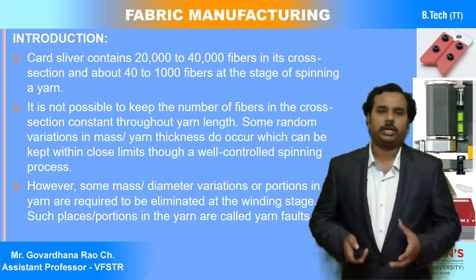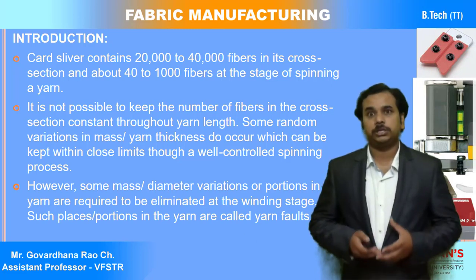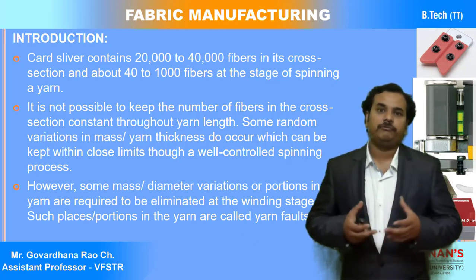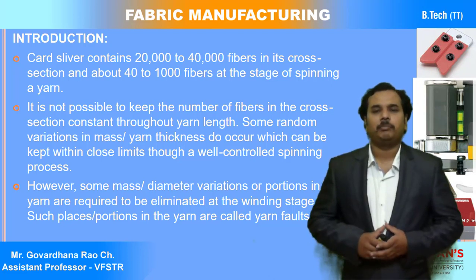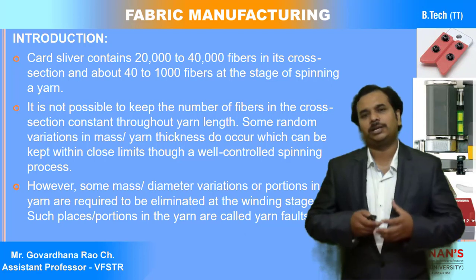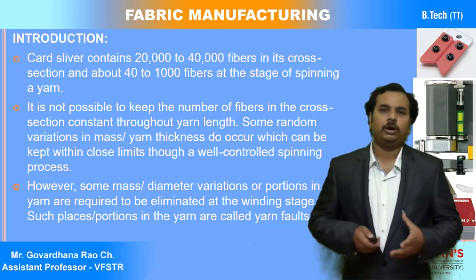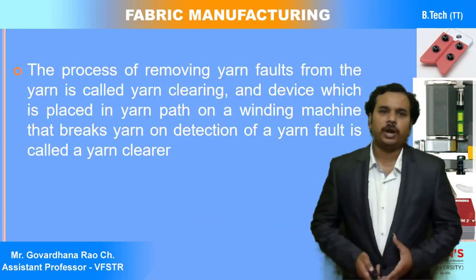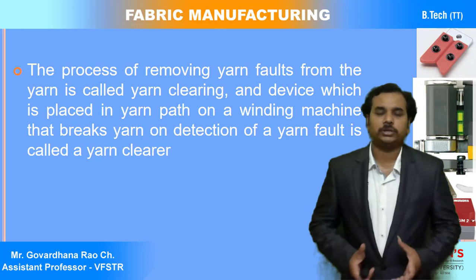So the number of fibers in the yarn cross section will vary, and depending upon that, the mass per unit area or the diameter of the yarn is going to vary. That is why we require a clearing process.